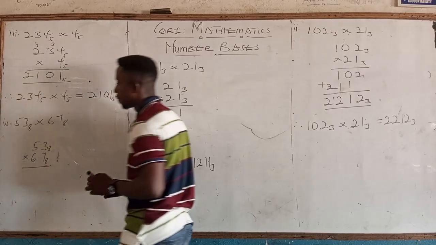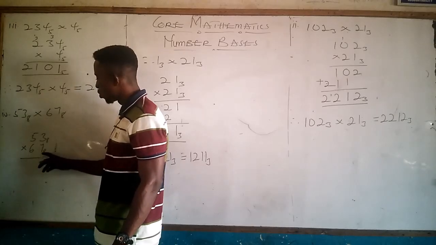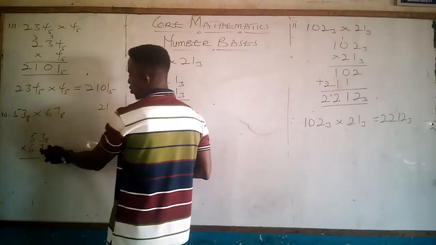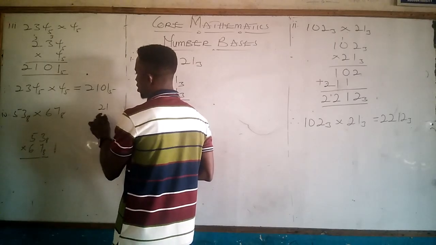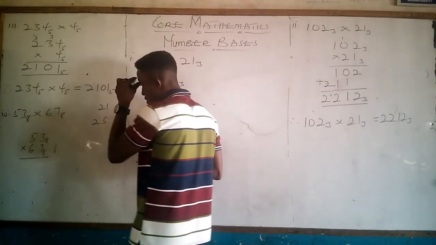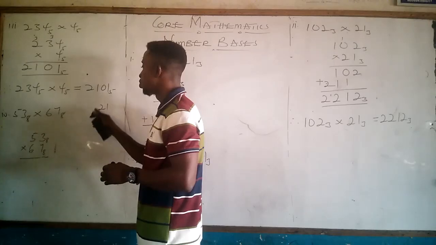And they are multiplied. So let's see what this one too is getting at. So 7 times 3 will get us 21. So how many groups of 8 can we have here? That is 2 groups, then remainder what? 5. Because 2 times 8 is 16 plus 5 is what will get you 21.